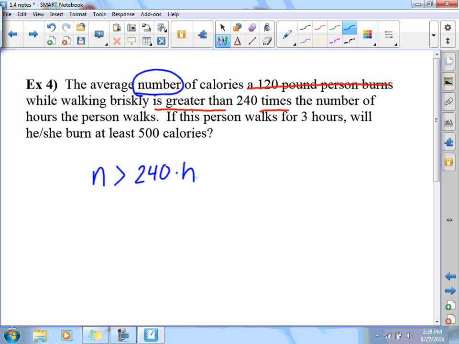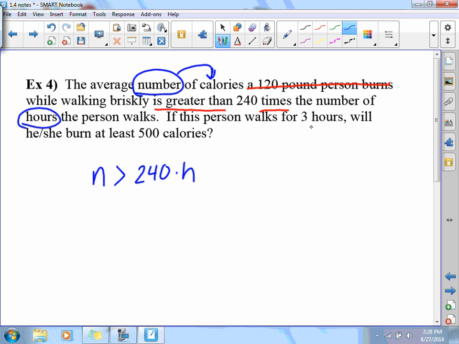So I'll use H for hours. So I have number and I have H. Those are my variables. Okay, and N is actually the number of calories. So now I have my inequality set up, and now I can move on to this final question here.